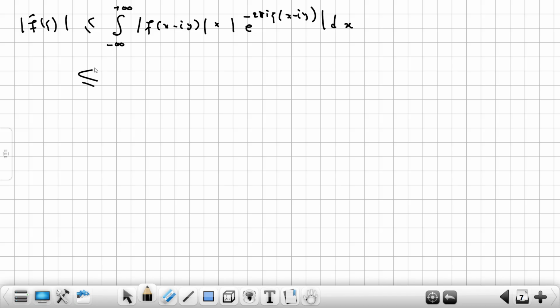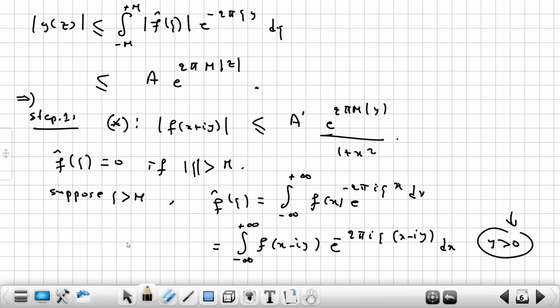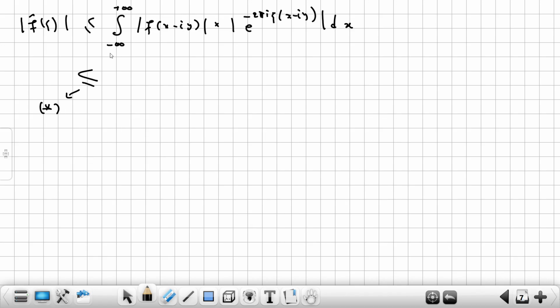This is less than or equal, using of course the condition star, to A' times the integral from minus infinity to plus infinity of e^(2πmy - 2πξy) over 1 + x² dx.